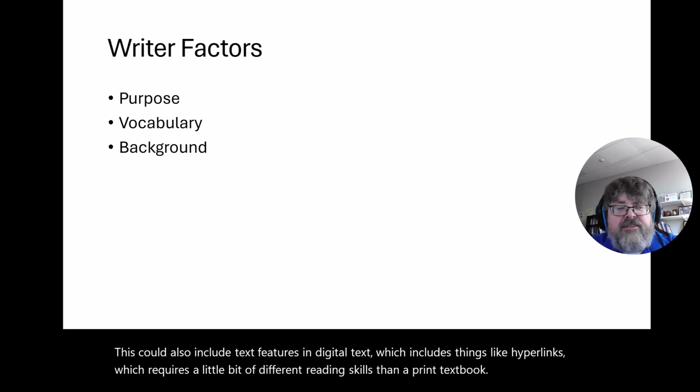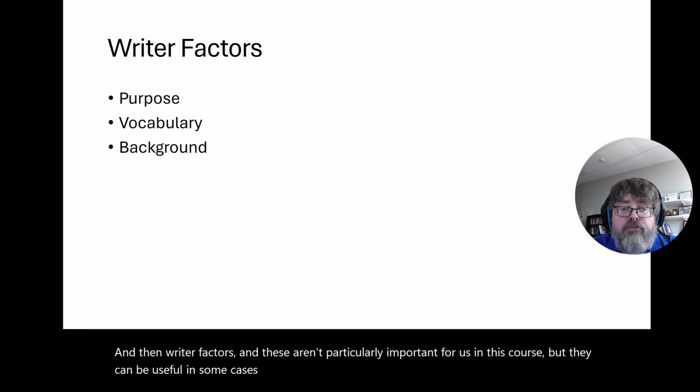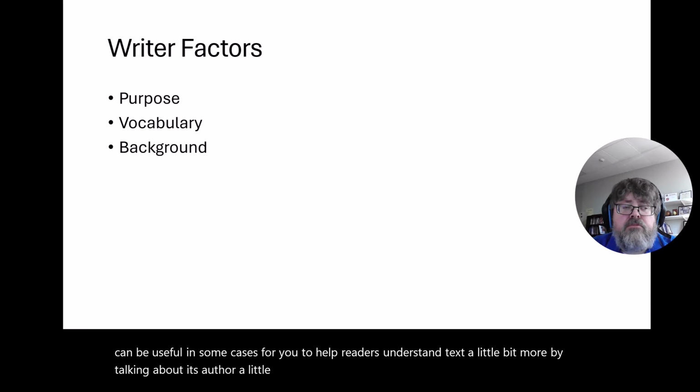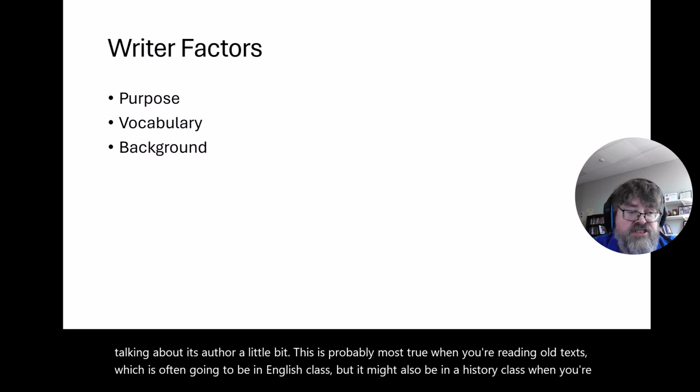And then writer factors. And these aren't particularly important for us in this course, but they can be useful in some cases for you to help readers understand text a little bit more by talking about its author a little bit. This is probably most true when you're reading old texts, which is often going to be an English class, but it might also be in a history class when you're reading primary sources.